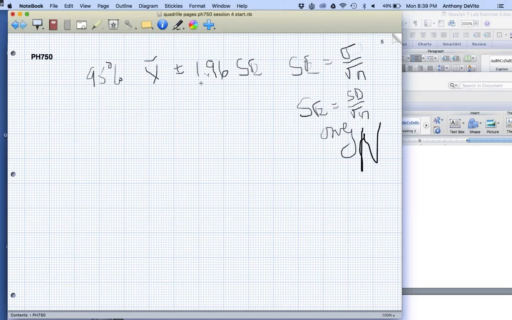Instead of using this number 1.96, what is that number really? That's a z-score, right? It's x bar plus or minus z for 0.05 times the standard error. That's really what we're doing there.